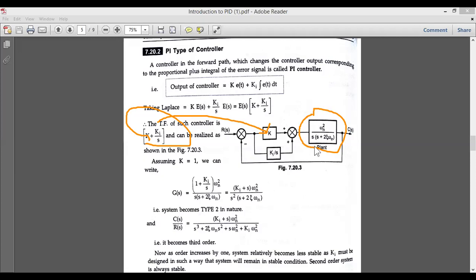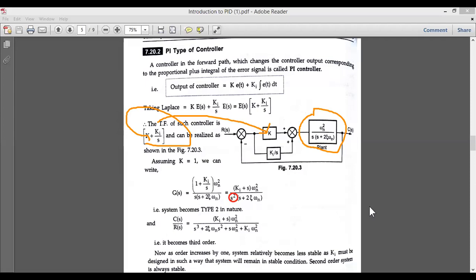Now because there is a square term in the denominator, this s square term denotes the type of the system, whether it is type 0, 1 or 2. If there is no s in the denominator, it is type 0.